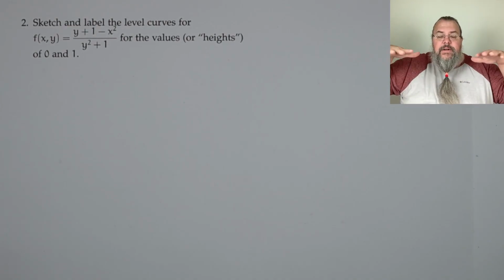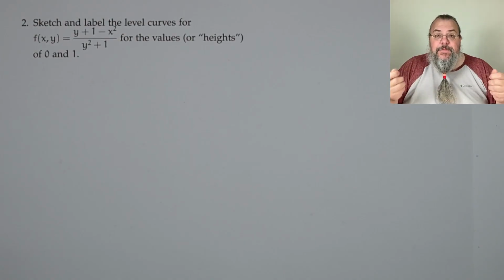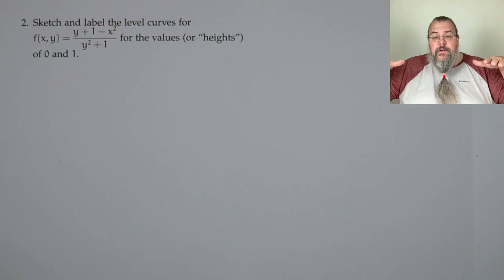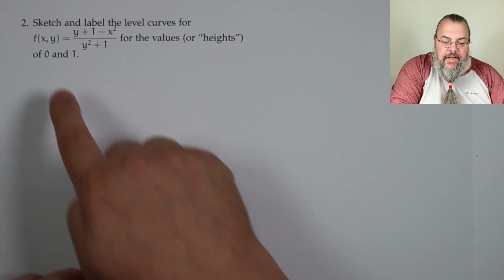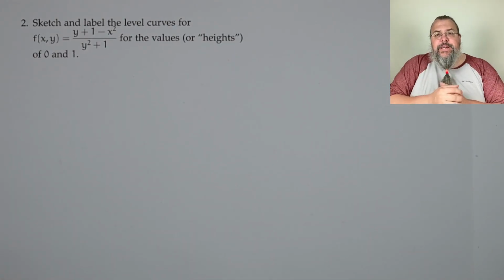And so, in other words, you fix a z value. It's a lot like a topographical map. And so when we're trying to do a slice, we're saying, where are all the points which produce a certain output? In our case, 0 and 1. And then say, okay, what can we do with that information?